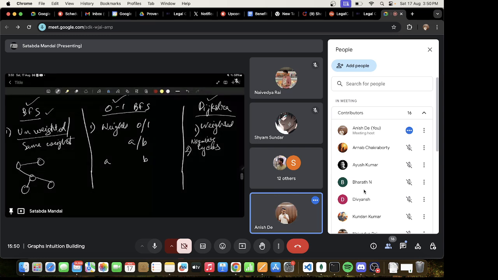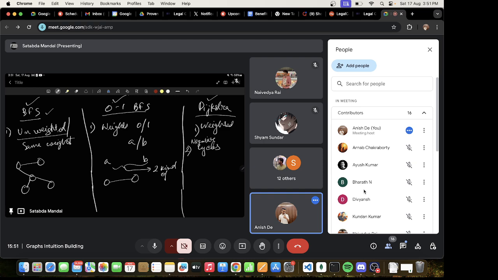Now coming to the second part, 0-1 BFS. Whenever you see there are two kinds of edges, in 0-1 BFS there are generally two kinds of edges. It can be written in the statement like this: there is a red edge and a blue edge, or a red edge and a black edge.